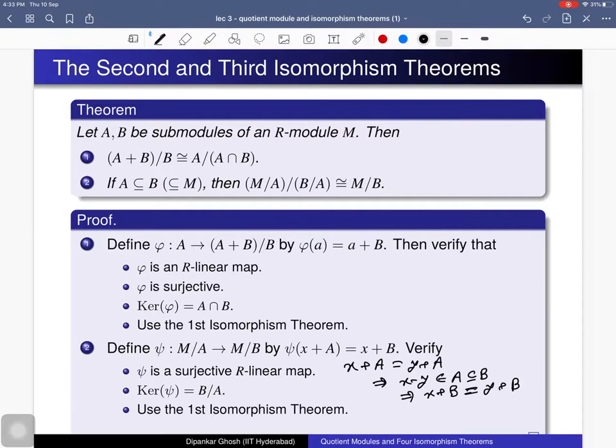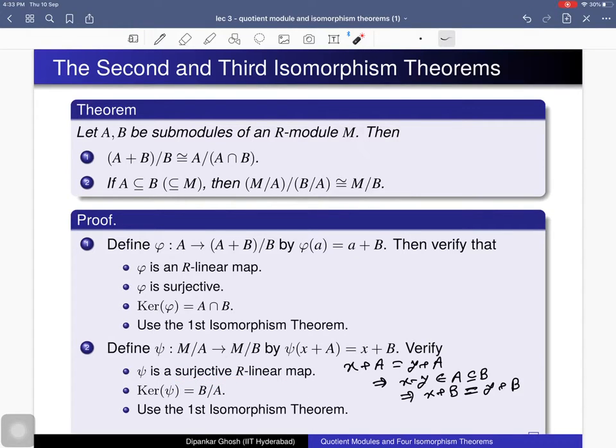So this map is well defined, and this is a linear map. It's very easy to see that it preserves addition and scalar multiplication. Also it is surjective because any element of M/B looks like the equivalence class of x where x is coming from M. So this is a surjective linear map.